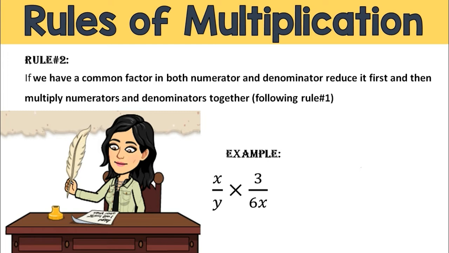Here you can see x is common in both the numerator of fraction number 1 and the denominator of fraction number 2. So we'll cancel it out. Then we can see that both 3 and 6 have a common factor, which is 3. So we'll cancel it out and then multiply the rest, and we will get the answer, which is 1 over 2y.